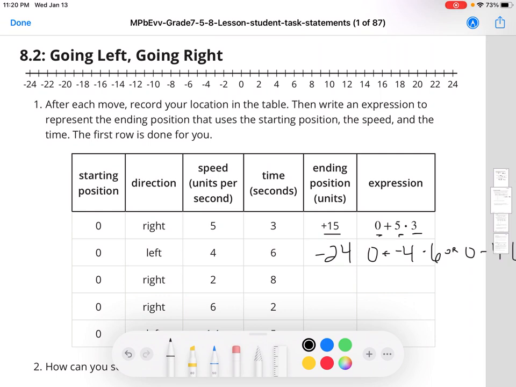Okay, so if you travel to the right, starting at 0, with a speed of 2 units per second for 8 seconds, what would be your ending position? So that would be positive 16. And your expression would be 0 plus 2 times 8.